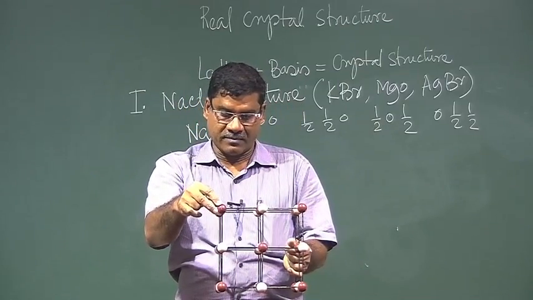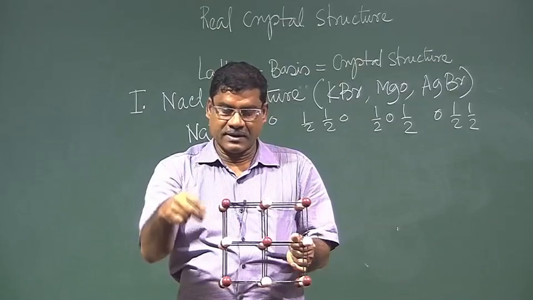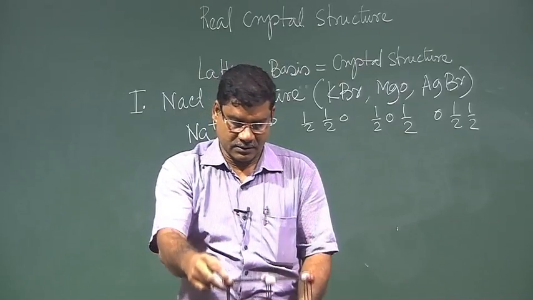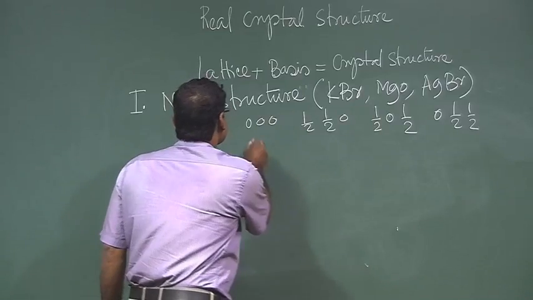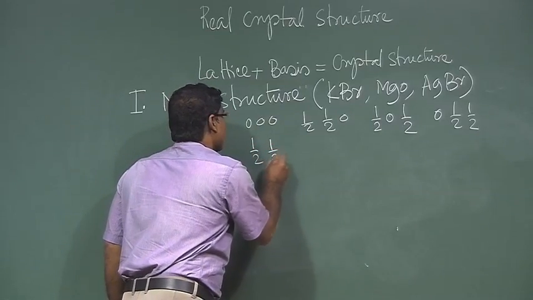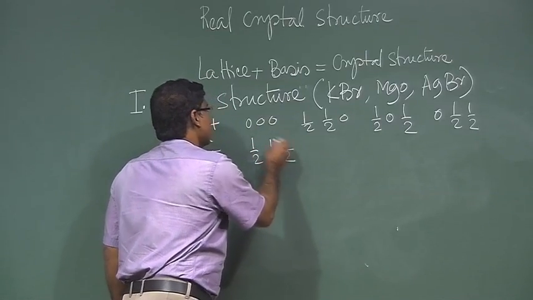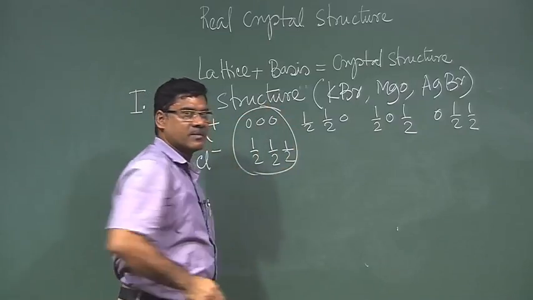So, what will be the coordinate of this one? This coordinate is 1, 1, 1, right. So these two together form one basis.